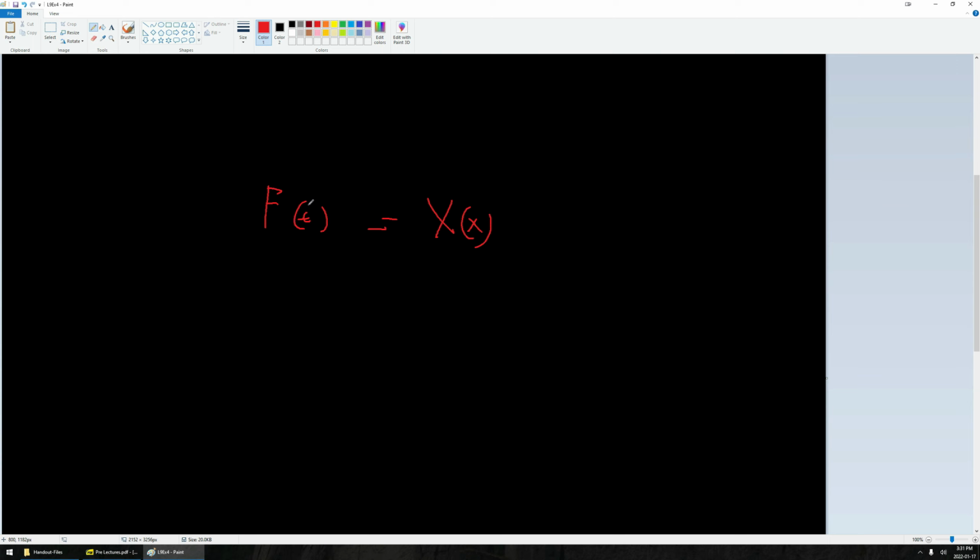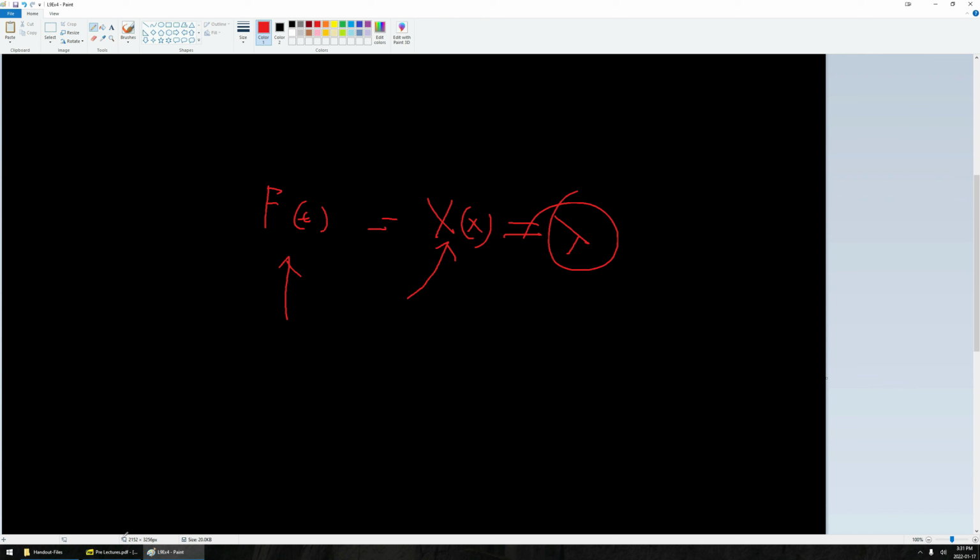Since this is true, and this doesn't depend on x, that means this function can't actually depend on x either, because if it did, then this equality can't hold. Since this is also true and this doesn't depend on t, that means this can also not depend on t. So since these two things are equal, they must be some constant.